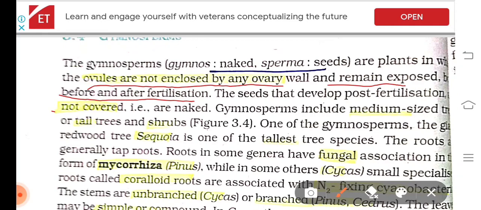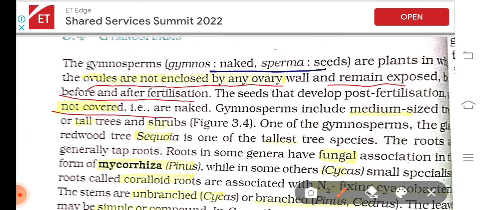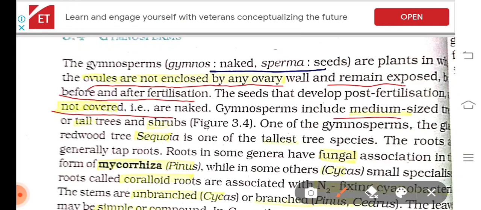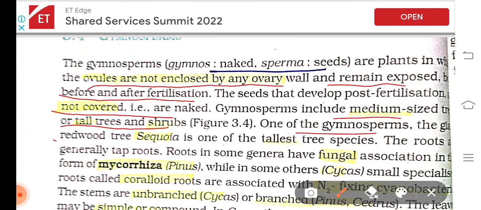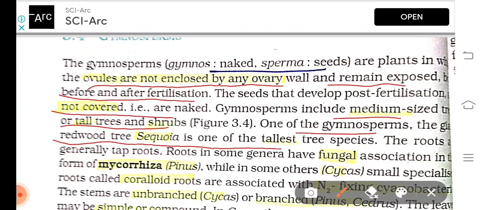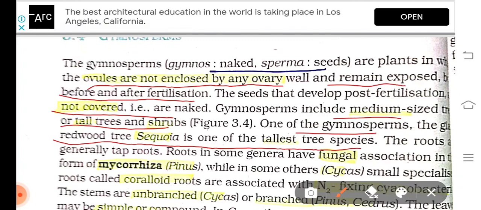So the seeds are not covered, they are naked. Gymnosperms include medium-sized trees, tall trees and shrubs. One of the gymnosperms is sequoia, which is the redwood tree, and it is one of the tallest tree species. I have told you the example of sequoia earlier also, that it is the tallest redwood tree.